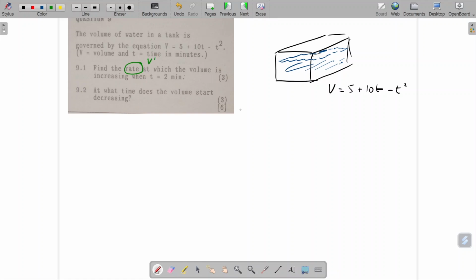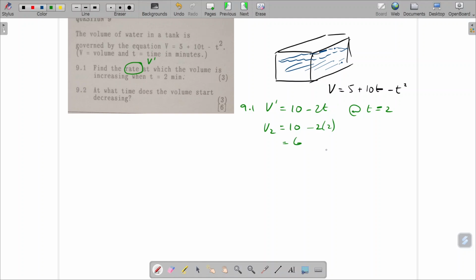As a result, 9.1, v dash would equal 10 minus 2t. Well, we want to measure it at t equals 2. So we've got 10 minus 2 times 2. So v dash at 2 would therefore be 6.